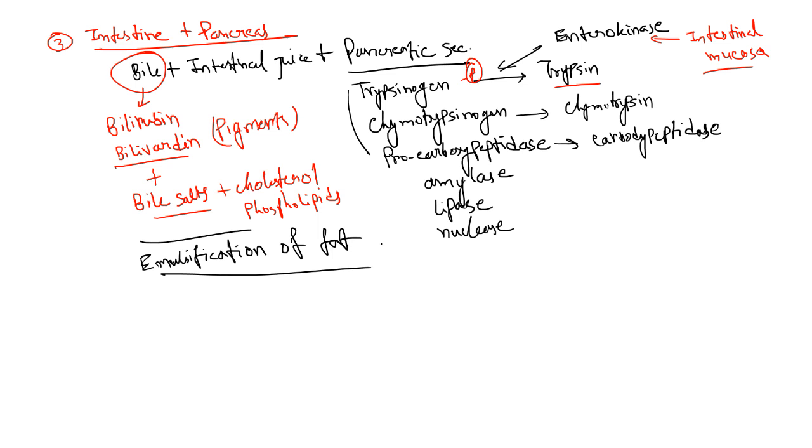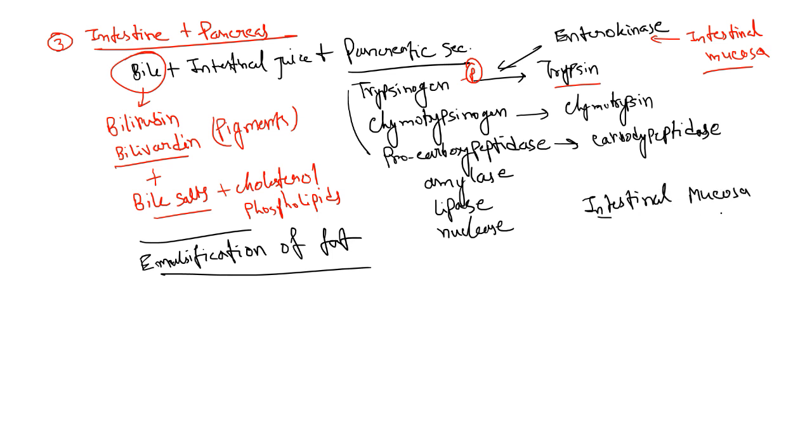And apart from that, there are cells present in the mucosa known as brush border cells. Remember, I told you earlier that the mucosal cells are generally filled with glands. So in intestine, those mucosal cells, intestinal mucosa.